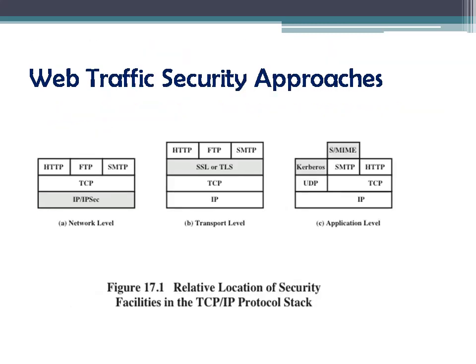Next we have the web traffic security approaches. If you recall, in the previous slide we saw the various threats, consequences, and countermeasures, where countermeasures are nothing but ways of providing web security or security over the internet.